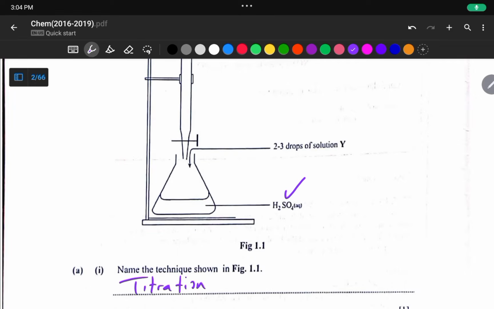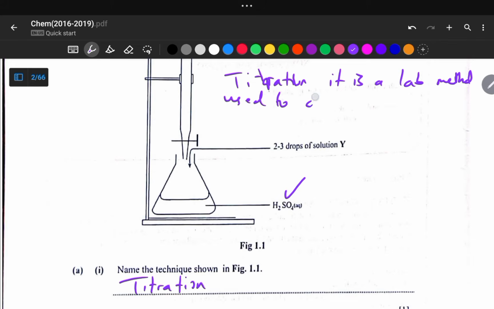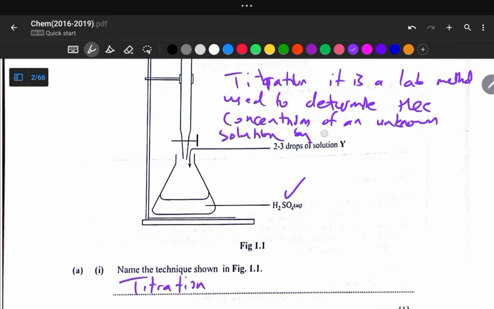As I've alluded to in my previous sessions, titration is a laboratory method used to determine the concentration of an unknown solution by reacting it with a solution of known concentration, what we call the standardized solution.